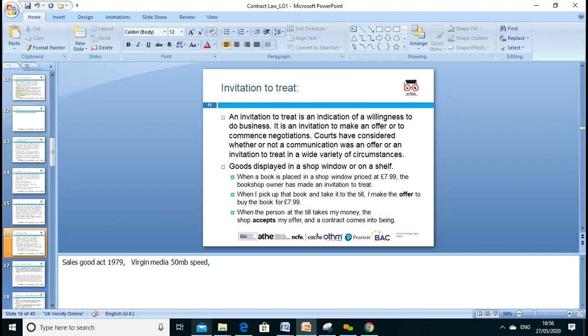And you paid money for this because they advertise you will get 50 meg speed everywhere, in every part of the UK. You accepted this. But actually, you're getting only 2-3 megs. So what will happen now?